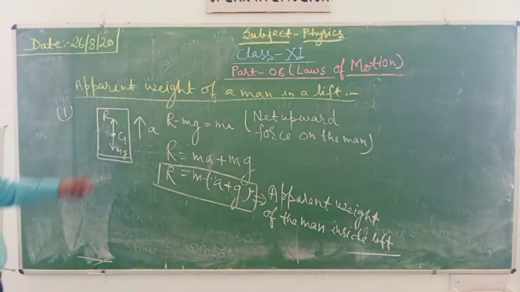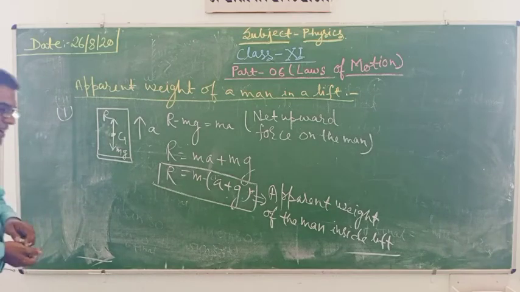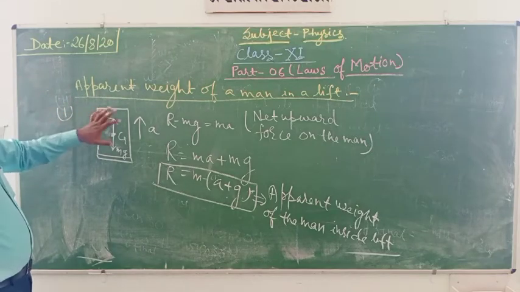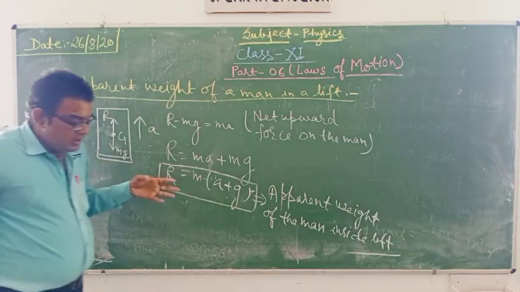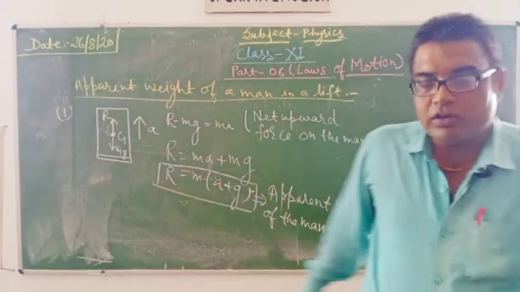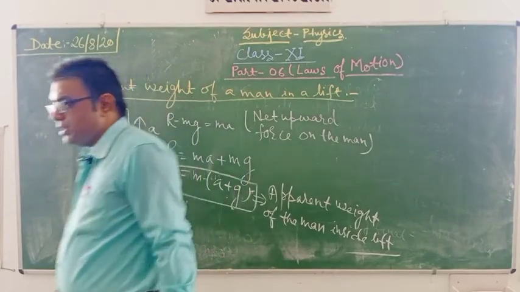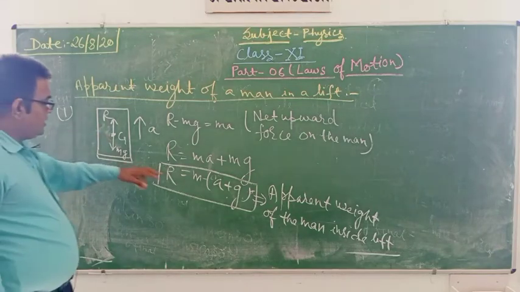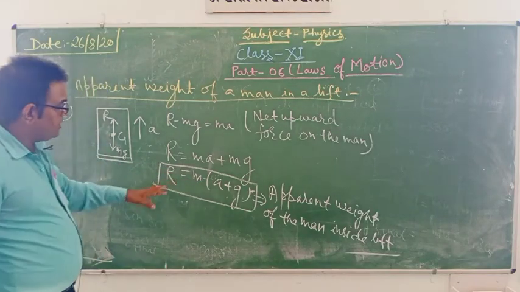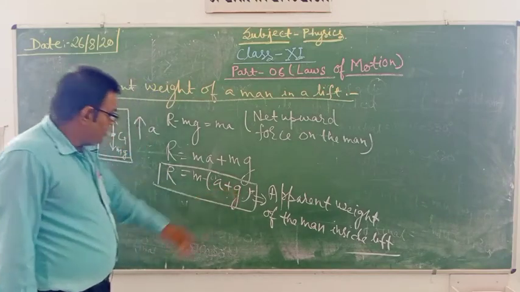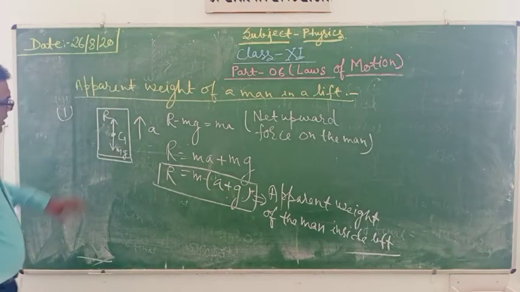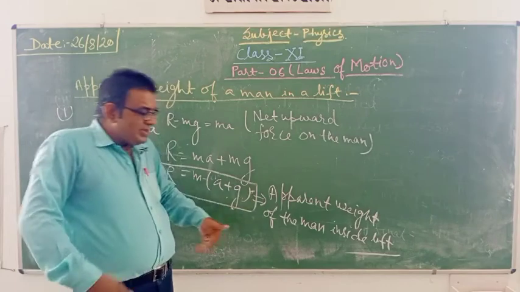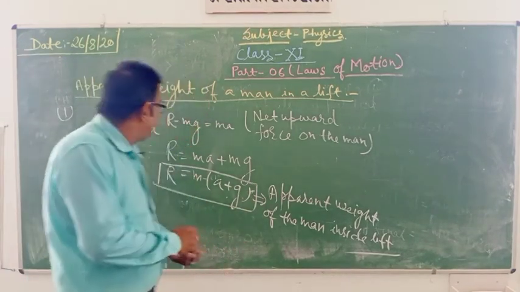So what you are seeing is, when the lift is stationary, at rest, there is no acceleration of the lift. Then the weighing machine records the value only as mg, that is the weight of the man. But when the lift starts moving upward, the normal reaction is equal to m(a plus g), meaning a certain value a is being added to g. So this is the value of the normal reaction, and the man will feel his increased weight.